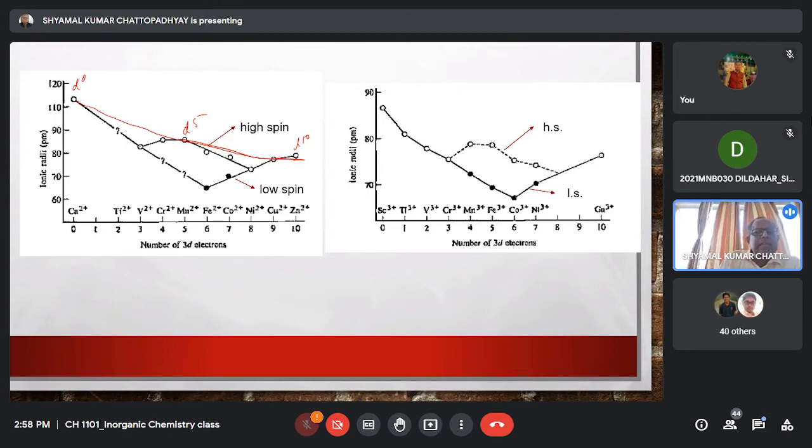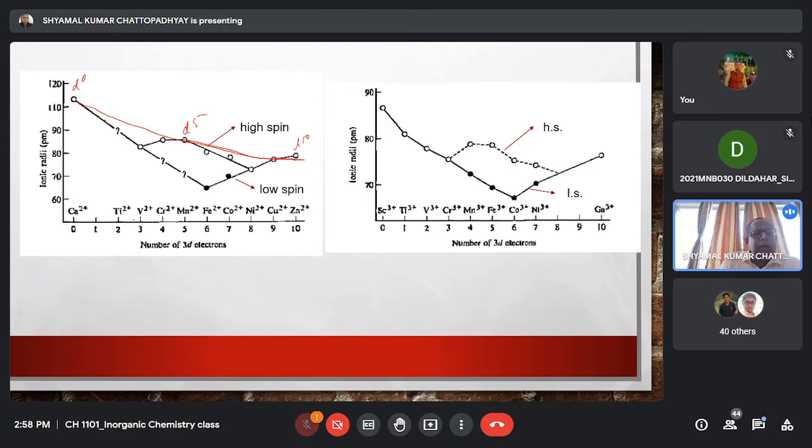For high spin complex, we have a variation like this. For low spin complex, you have a double straight line, two straight lines meeting at this d6 point. And for the trivalent metal ion, we have a very similar variation. Again, you can explain this on the basis of crystal field stabilization energy.